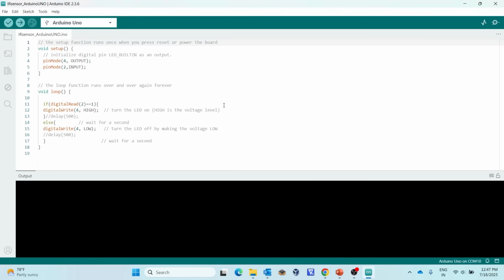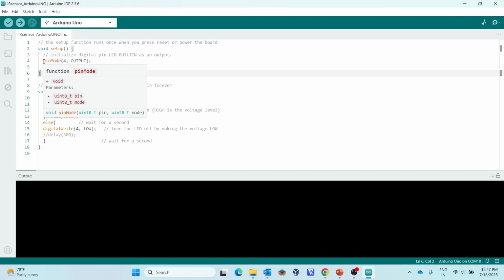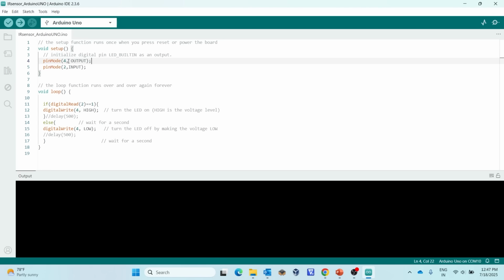See, this is the one. Initially, what we have to do is initialize the setup. We have to give pin number 4 for the relay, which is our output. Pin number 2 is for our sensor, which we have made as input pin.